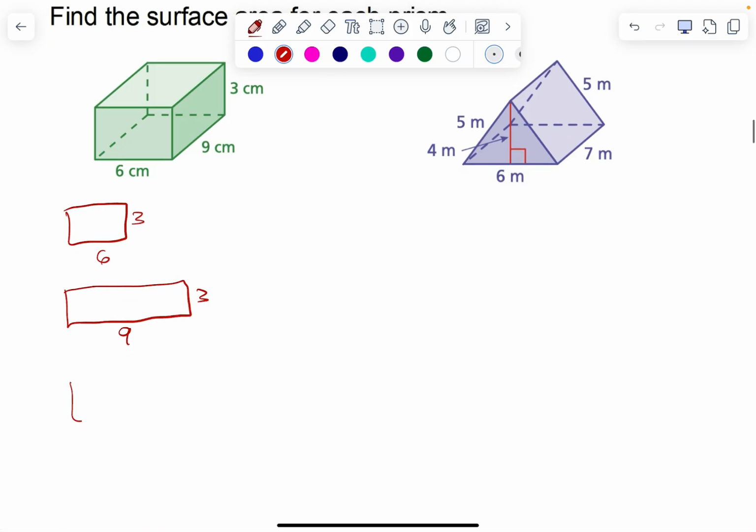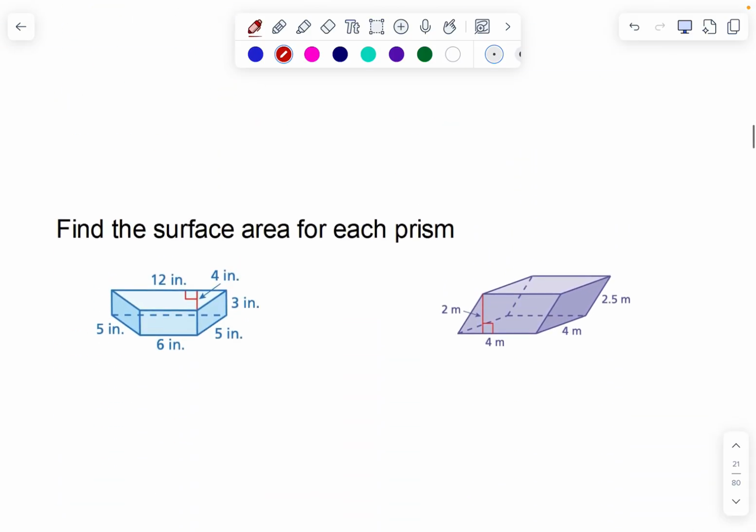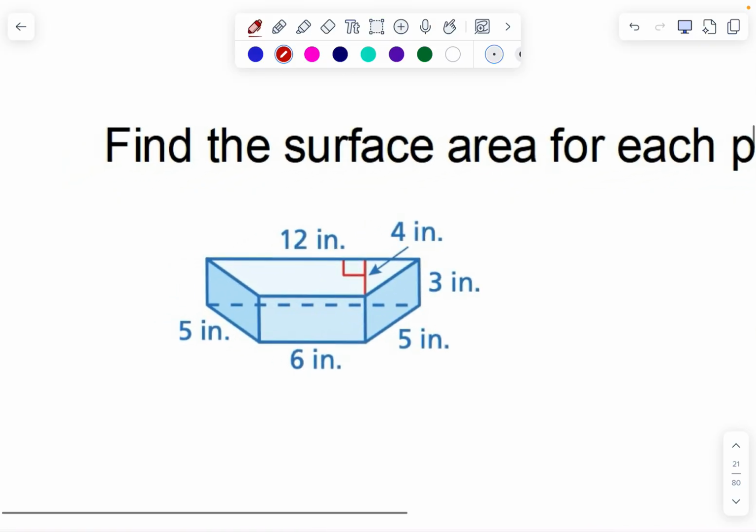And then we have 2 of these, 2 of these, and 2 of those. Okay? You just multiply everything together and add them up. Go ahead and give this one a shot right there, please. Surface area.